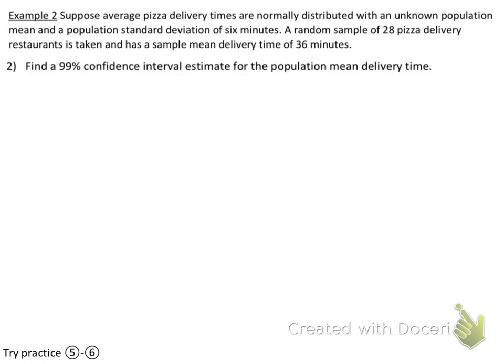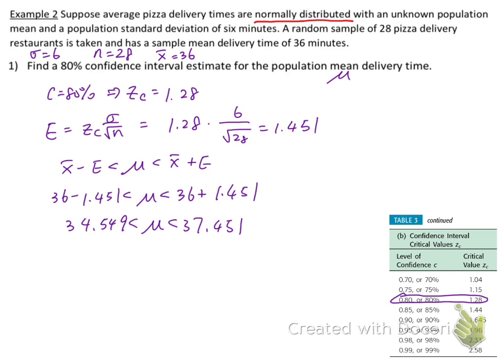Same setup, second question. Instead of the 80% confidence interval, we are looking for the 99% confidence interval. Well, same thing, 99%, if you look here, 2.58 in the corner.